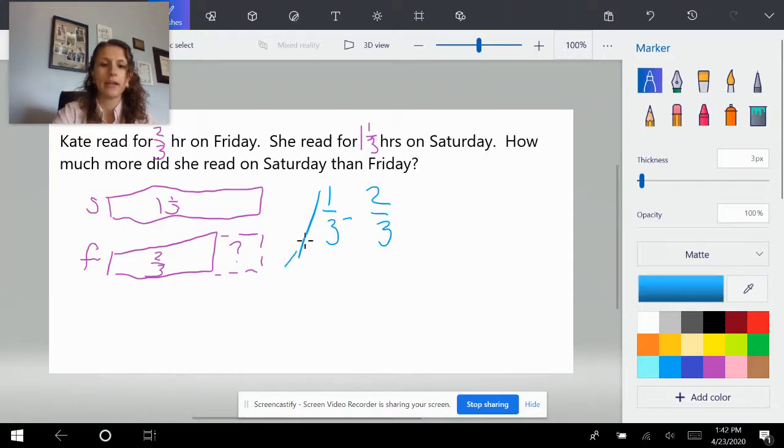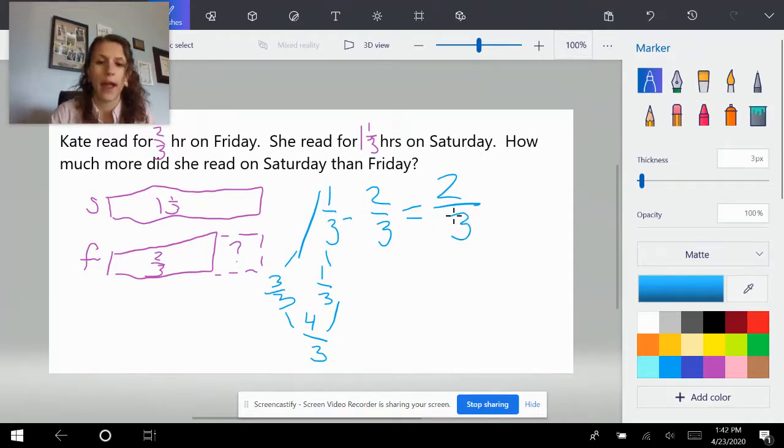I can rename this 1 whole as 3/3 because those are equivalent values, and I still have this 1/3. 3/3 and 1/3 together give me 4/3. Now I have 4/3, take away 2/3. 4 take away 2 is 2, and my unit is thirds. So she read for 2/3 more hours on Saturday.